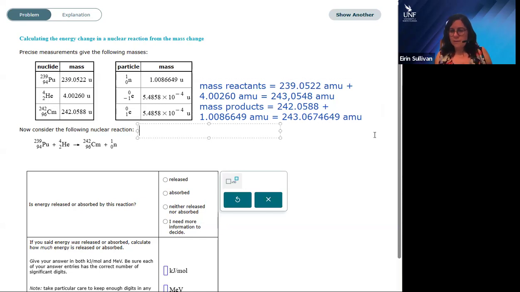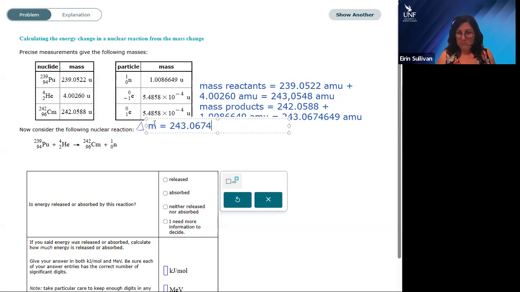All right, so then let's see. The delta M, the mass difference, is going to be, I'm just going to draw a little delta for the difference in mass. If I do products minus reactants, final state minus initial state, so that's going to be 243.06744649 AMU minus 243.0548 AMU.